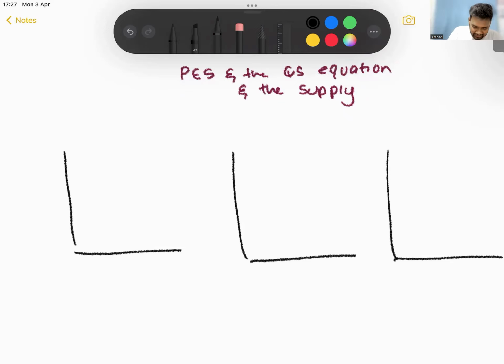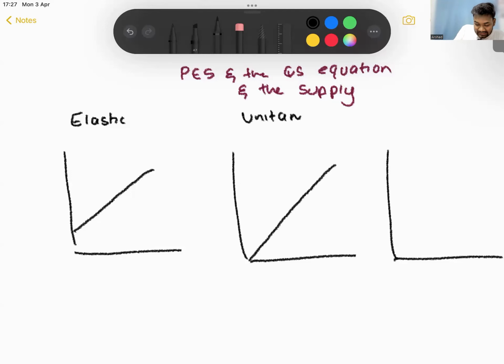It looks like something like this. This is an elastic supply curve. Okay, we'll take a unitary elastic. Unitary elastic goes right from the origin. This is a unitary elastic supply curve.